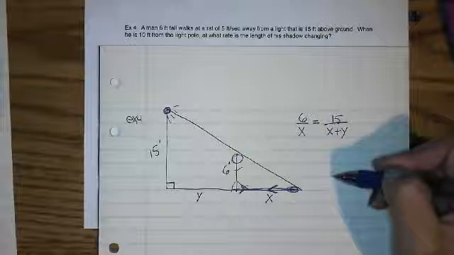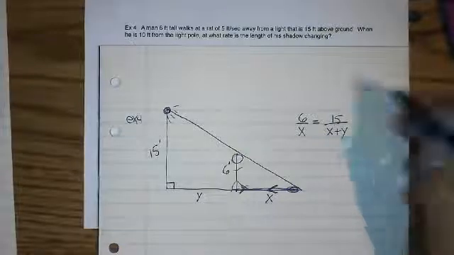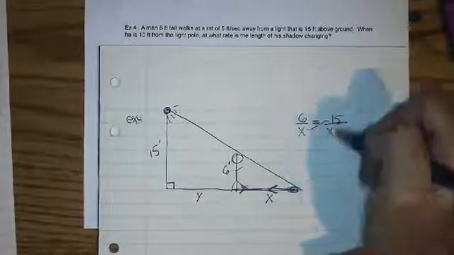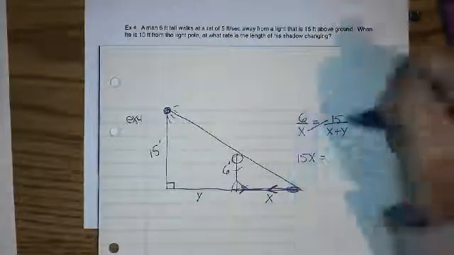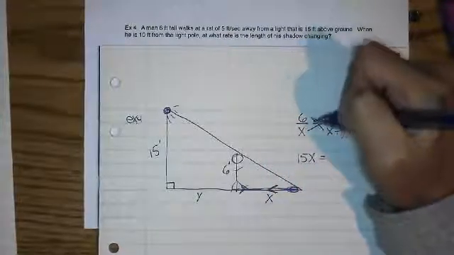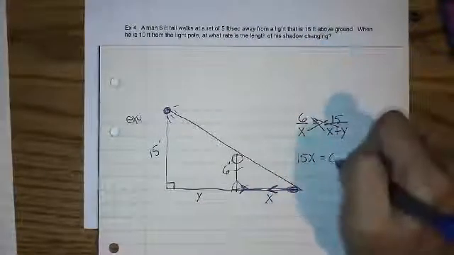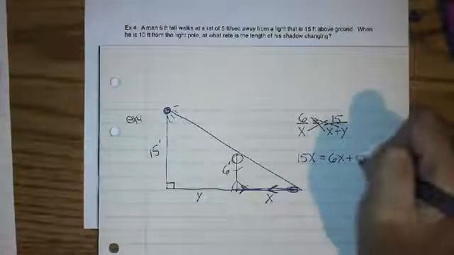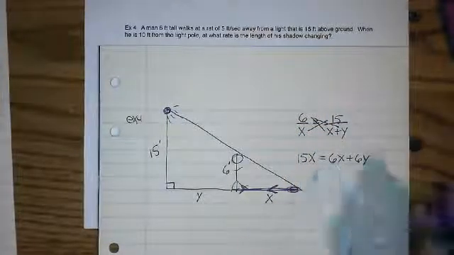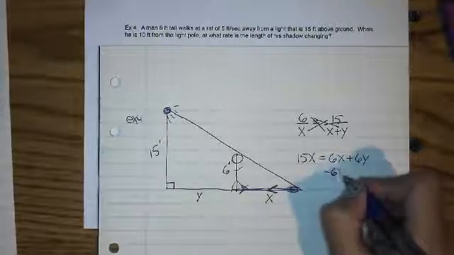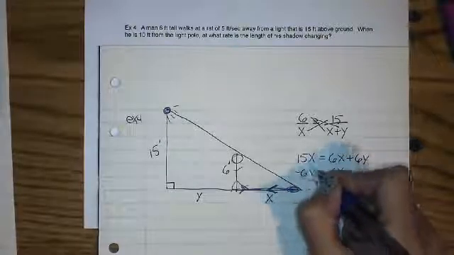We could jump right into derivative right here, but we'd have to do quotient rule here and quotient rule here. It's going to be a little bit easier for us if we do cross products and simplify this first, then jump into derivative. So, cross product says 15x is going to equal, and here when I do the cross product, I've got to distribute 6x plus 6y.